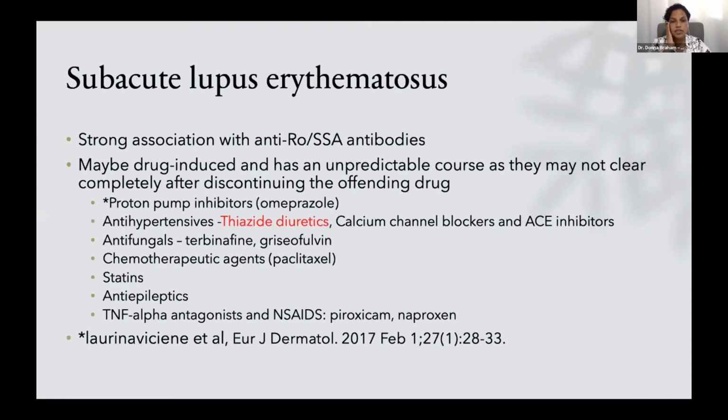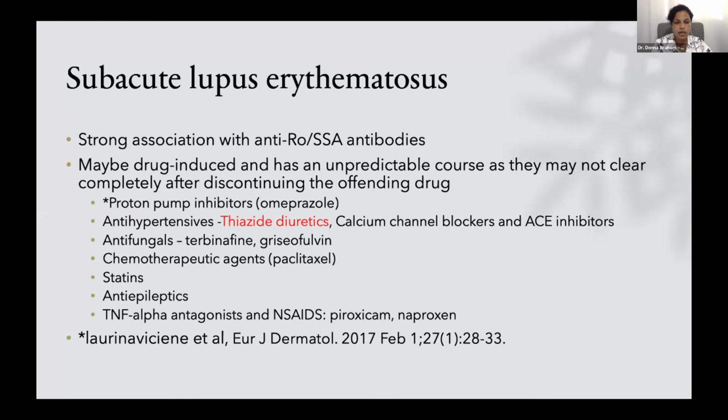There is a strong association with anti-SSA antibodies, and it may be drug-induced and has an unpredictable course whenever it is drug-induced, as it may not completely clear after discontinuing the offending drug.